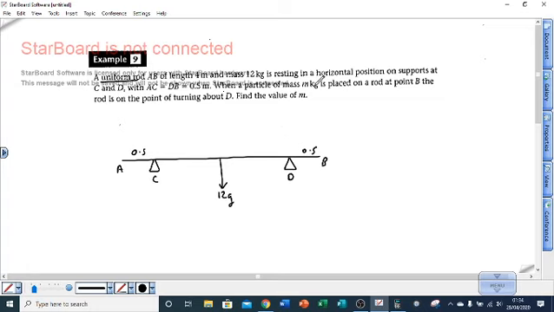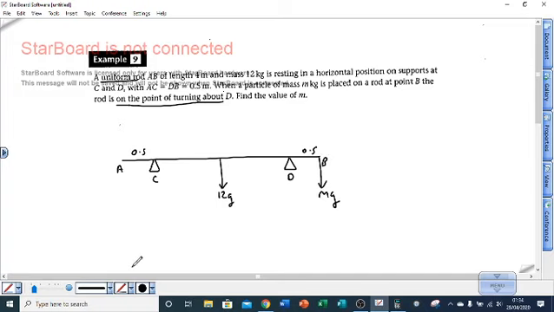When a particle of mass m kilograms is attached on a rod at point B, the rod is on the point of turning. This is called limiting equilibrium about D. So for that to happen, the mass is put on point B. It is here. So I know the mass is m, and therefore its weight is mg.